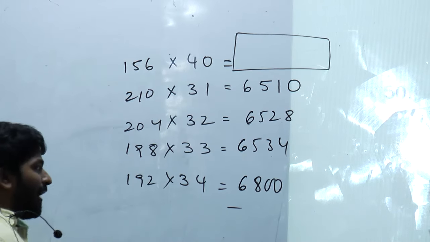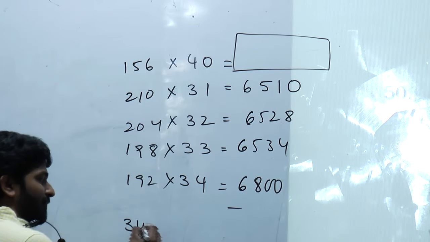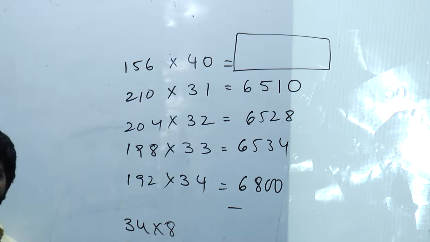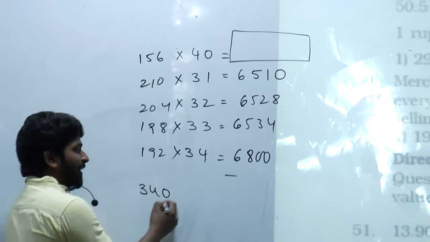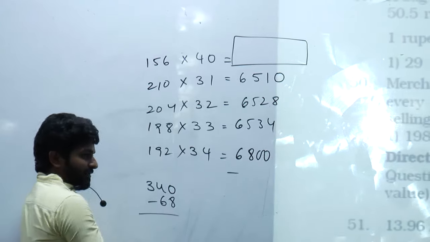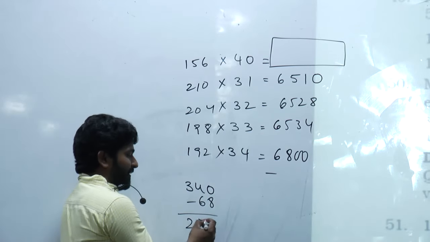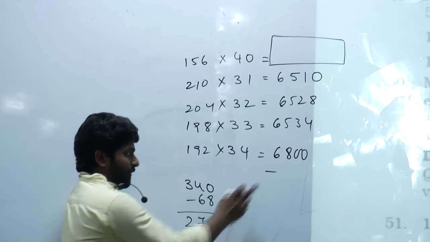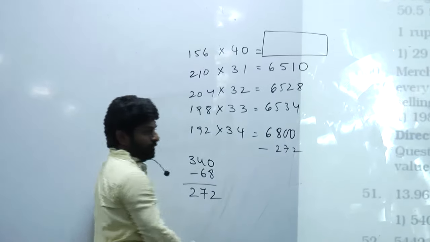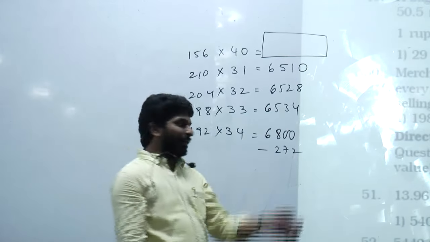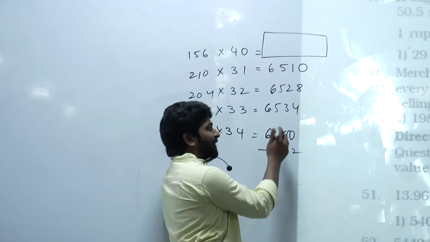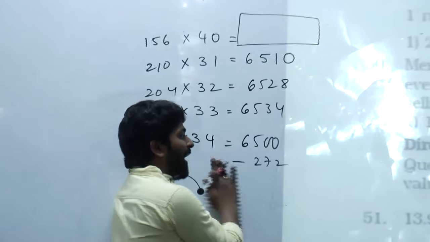How will you get 8 times? 10 times minus 2 times. 272. You need to subtract 272. Subtract 300, add 28. Subtract 300, done. Add 28.